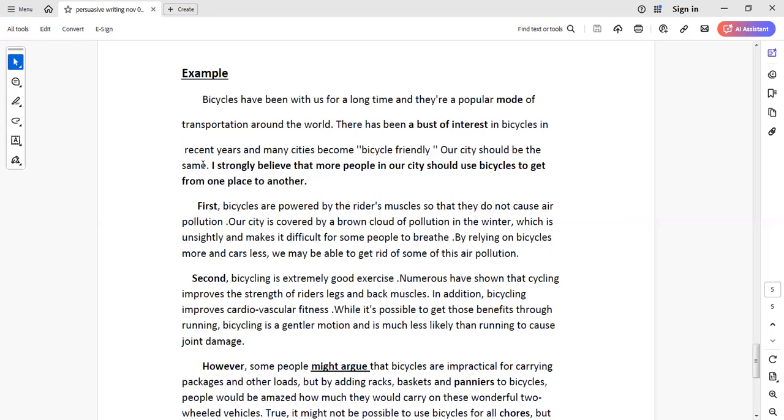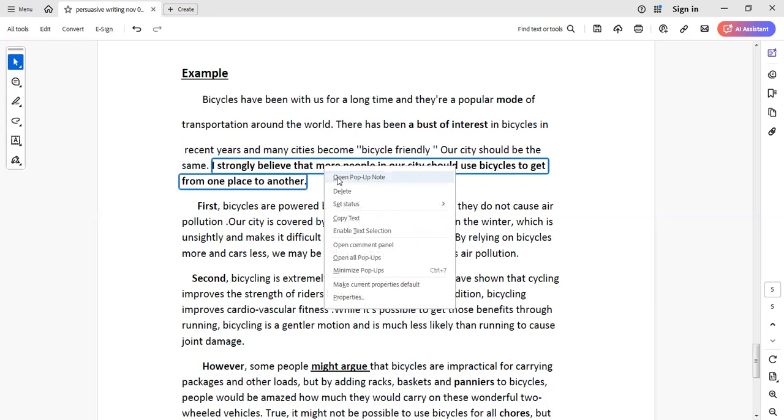I strongly believe that more people in our city should use bicycles to get from one place to another.